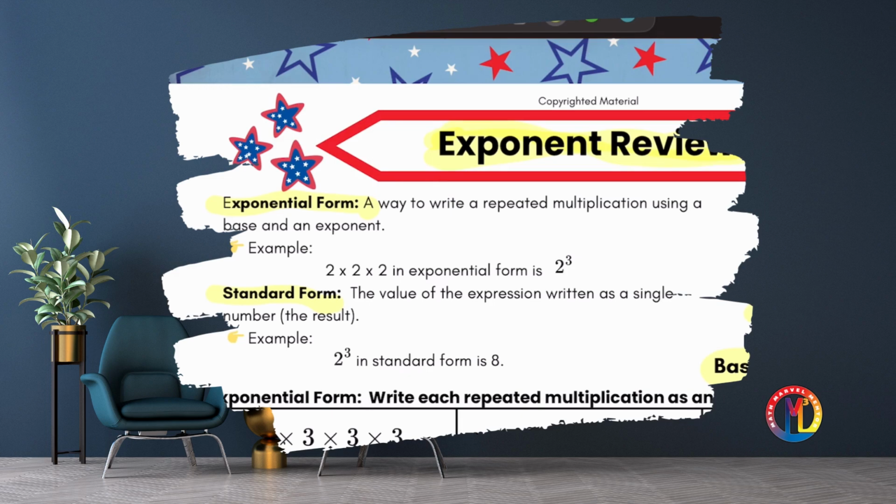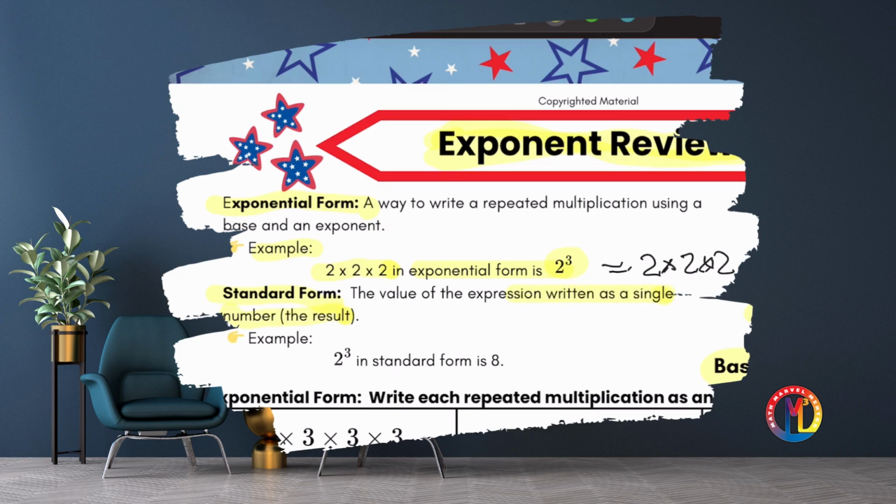Exponential form looks like this: 2 times 2 times 2 is how we expand out what 2 to the 3rd power is. Mathematically, what we're doing is we take the base and we multiply it 3 times. 2 times 2 times 2, and that's exponential form. Now, standard form is when you solve it out. It's the value of the expression written as a single number.